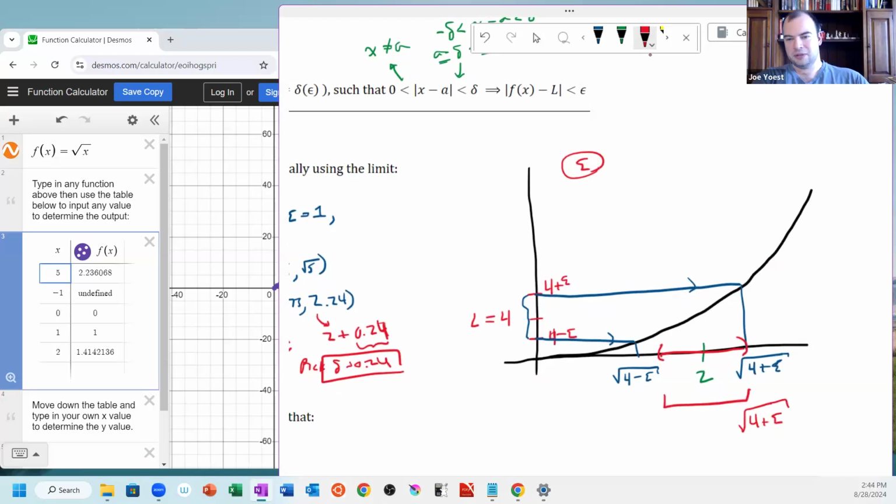And if we just name this delta, delta will be root 4 plus epsilon minus 2. The left-hand side will be 2 minus delta. All right, so any questions on that?